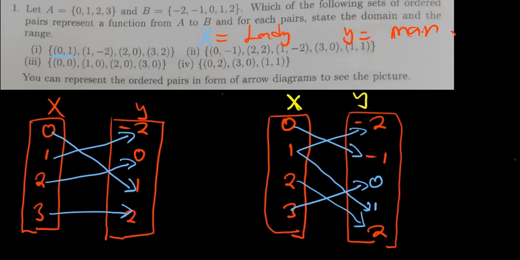One man can have more than one wife. So meaning that if I have more than one value of x going to one y, for example, a, b, c going to just d, that is fine, because one man can marry two ladies or three ladies, but not the vice versa.